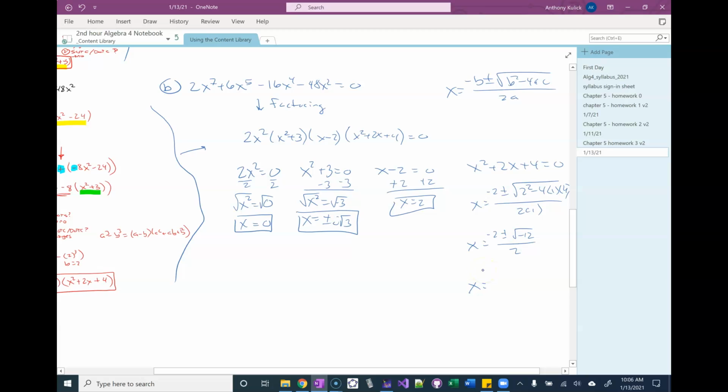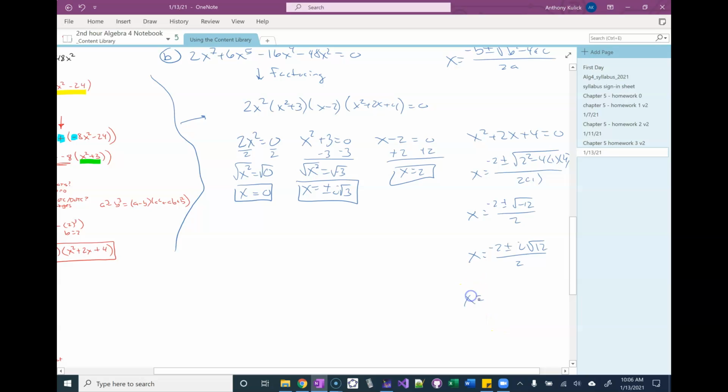And because we're square rooting a negative, we're going to get an i. And the square root of 12, I can think of as the square root of 4 times the square root of 3. Everybody's okay with that because 12 is 4 times 3. Now the square root of 4 is just 2.